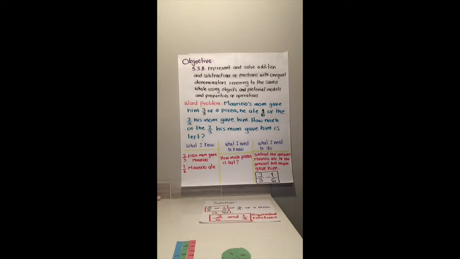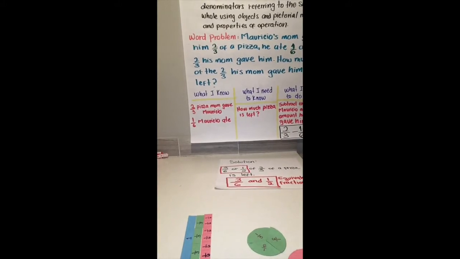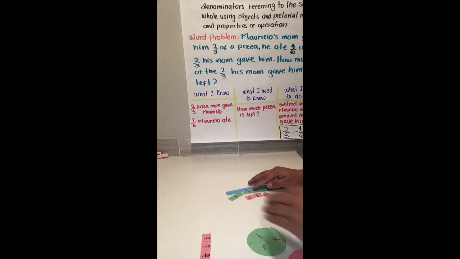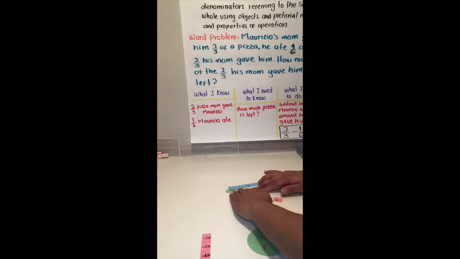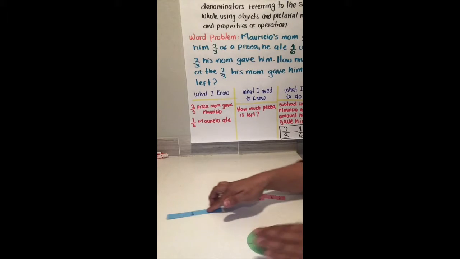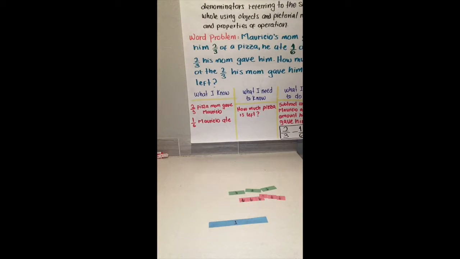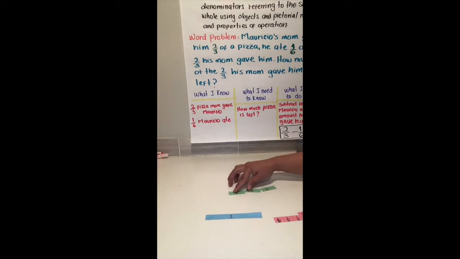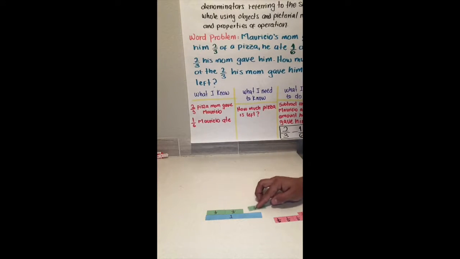Okay, how are we going to solve this problem? Well, first we're going to use the linear model. First, we're going to graph the whole. Okay, this is the whole. And the whole is represented by thirds in this case, which is my green strips. So one whole is segmented into 3 parts here.